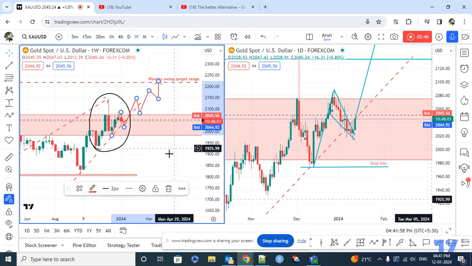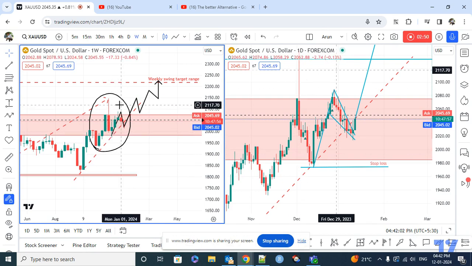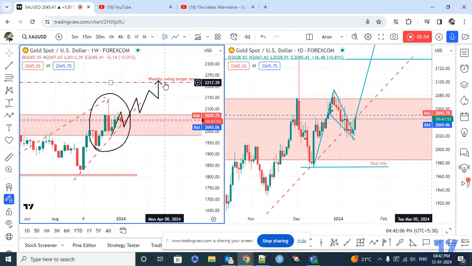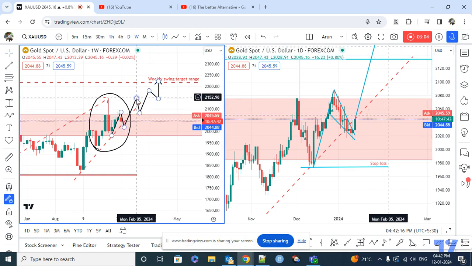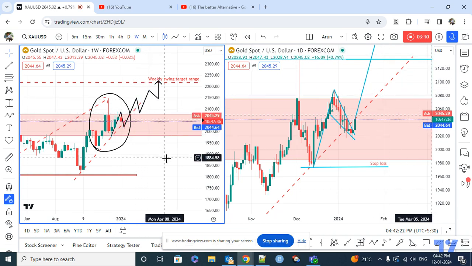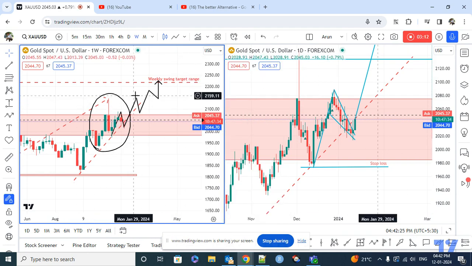No, let me go with black. You see, the market can go up like this. At every low we can do a buy, and we can hold the market till the target. I'm not talking about the weekly time frame, but lower time frames like daily or 4 hours. Those are the opportunities I'm looking for, and at lows and higher lows we can start buying. That is the idea of this particular video.